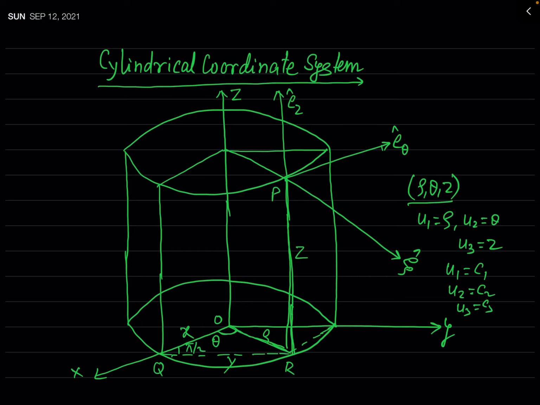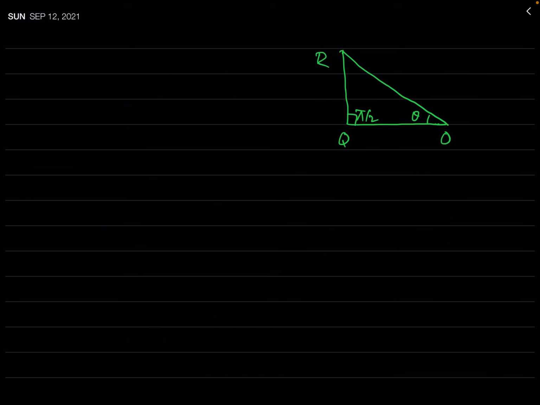So OQ is x, QR is equal to y, and RP, which I am showing here separately, is equal to z. So from this figure you can see what will actually be the transformation equations.